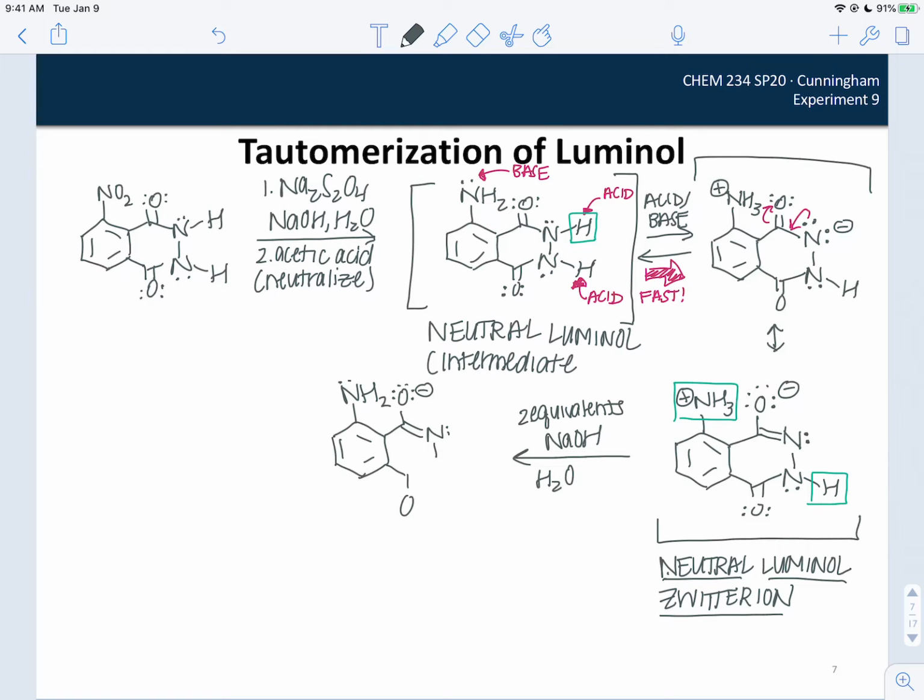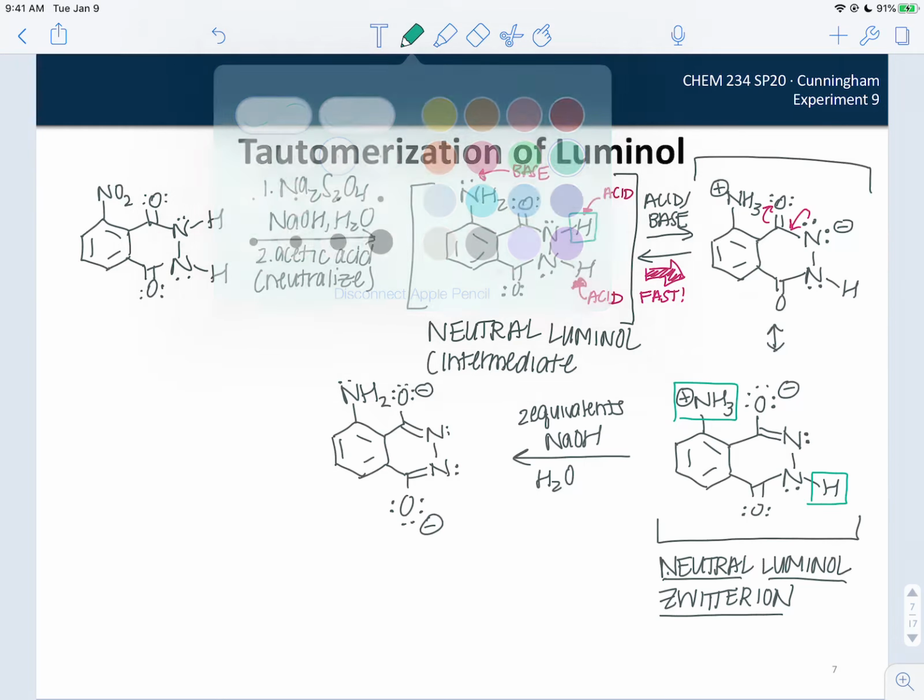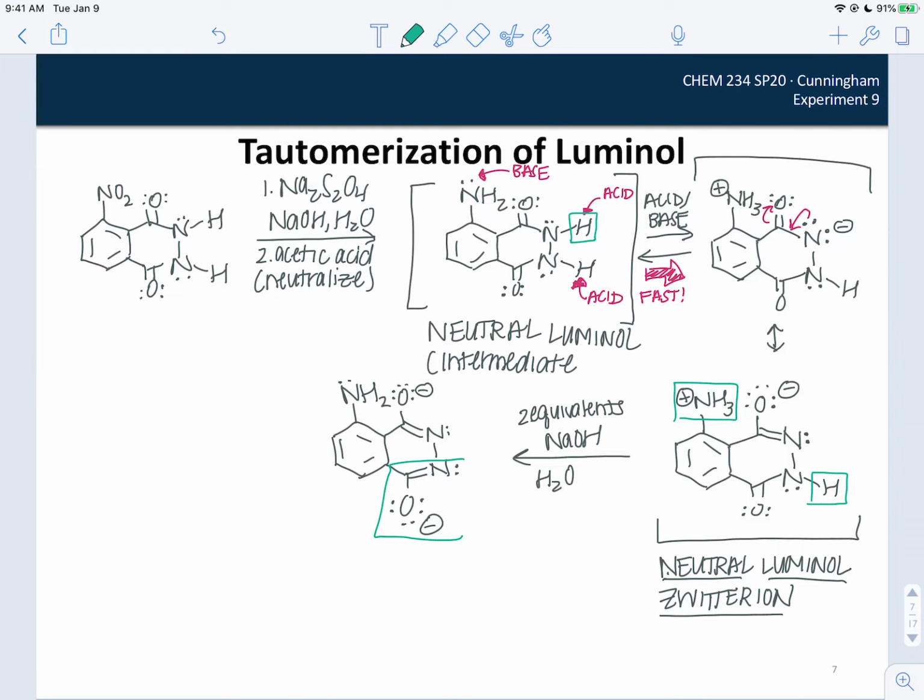And so you'll notice that I'm drawing a resonance form here where we've got our negative charges on oxygen and we've got neutral nitrogen atoms for each of our amide type species.